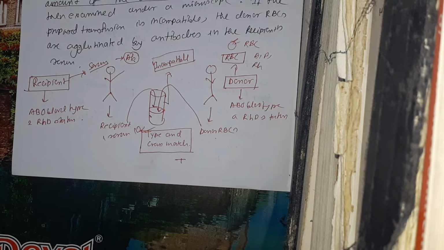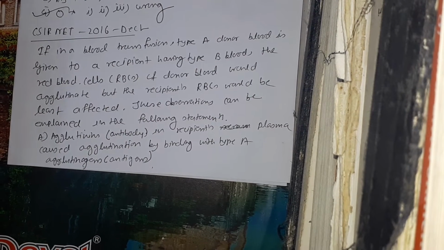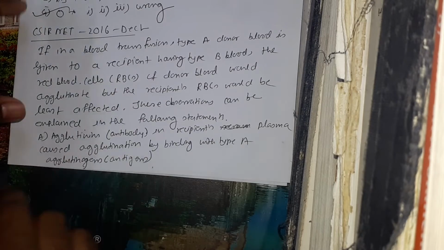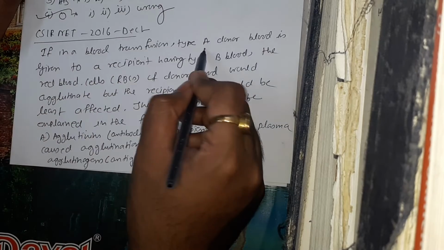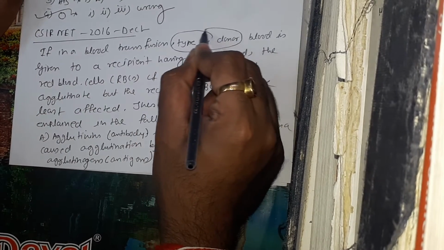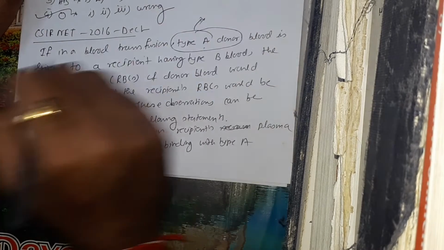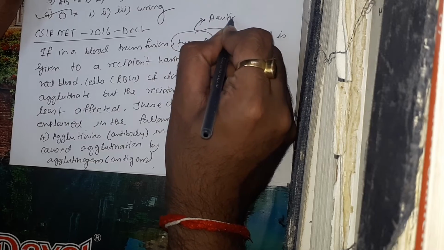Now we are going to do a question on this that was asked in December 2016 CSIR, for more clarity. So here is the question. Let's try to read what they are telling us. If in a blood transfusion, type A donor blood, please highlight this, type A donor blood means we need to bother about the A antigen.